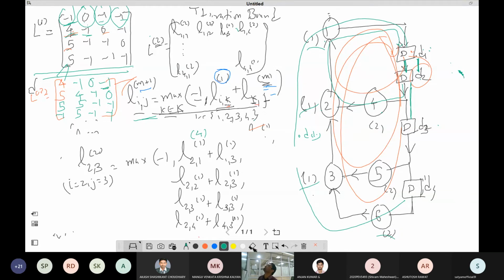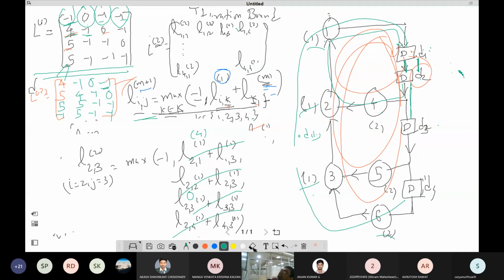L13 does not exist. This gets cancelled. L22 again does not exist. L23 is 0, so I can write 0 over here. L33 does not exist. L24 does not exist.